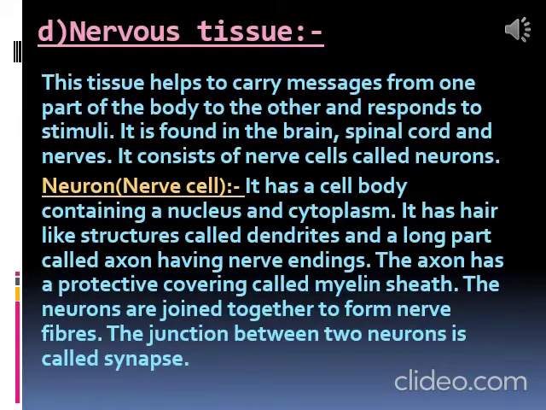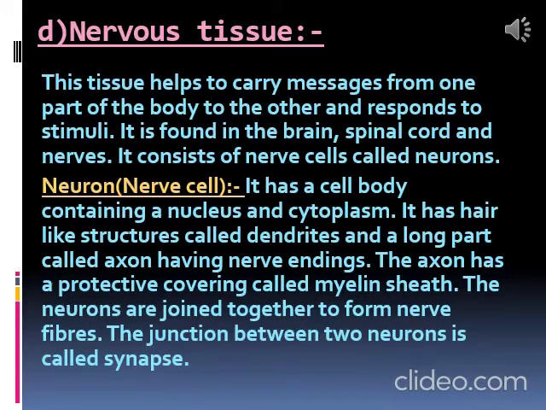Now the last type, nervous tissue. It is the tissue specialized in reception, integration and transmission of stimuli or impulses to various parts of the body. Or in simple terms, you can say that this tissue helps to carry messages from one part of the body to the other and responds to stimuli.